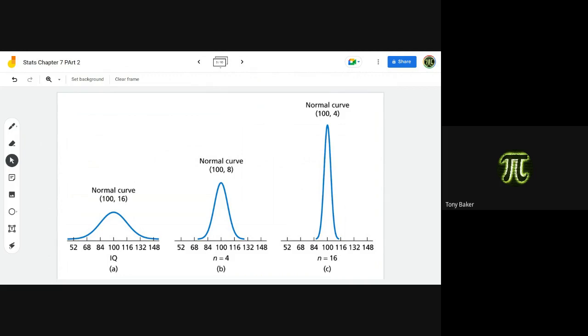Okay? So if you think about it, the more people that I look at and take their IQs and average them, the closer that would technically have to be to the actual mean of the general population, right? So that's the whole point of averaging, correct? It's like it's pushing you towards the middle. Think about it like we were doing in chapters 4 and 5, where we're flipping a coin.